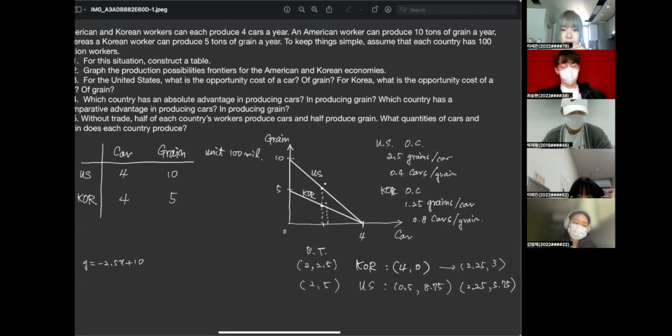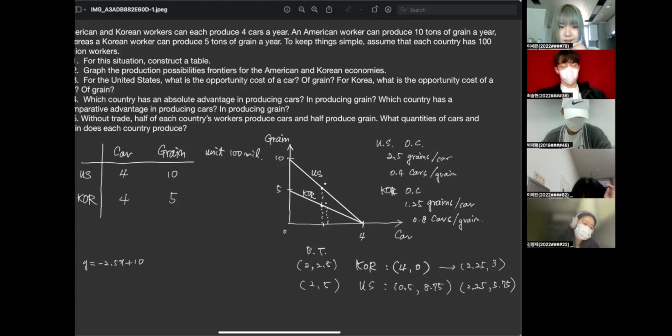Again, in the lecture, I told you before, is this something you need to put in manually all the time like this? Actually, it is not happening in the real world, because each country's citizens have a preference and a taste for consumption of goods. Some countries love consuming cars more.